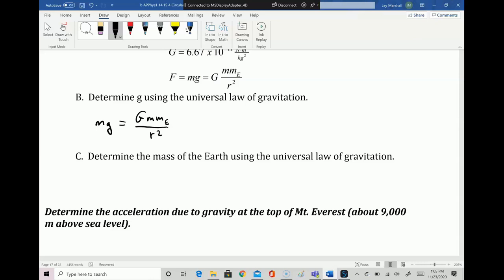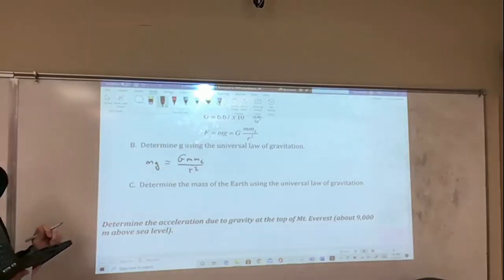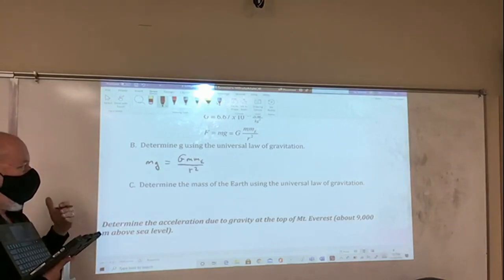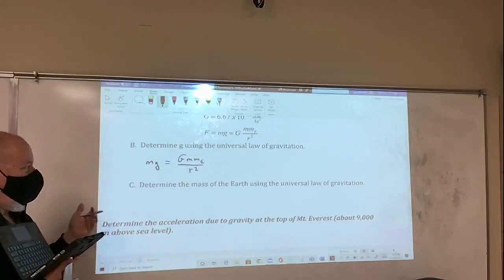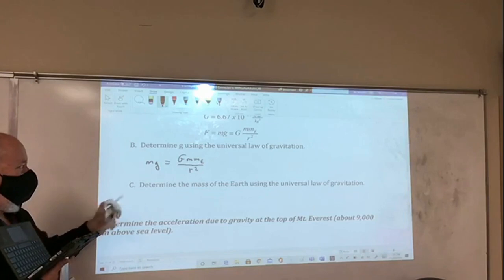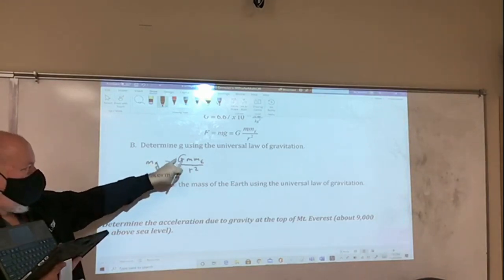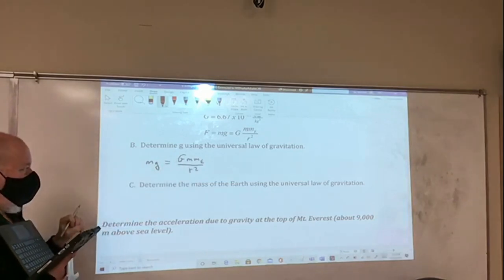And the force due to gravity that we're talking about is at the surface of the Earth. Okay? So both of these formulas give me a mathematical way to identify the force due to gravity. This is the force due to gravity at the surface of the Earth. This is just the force due to gravity in general.